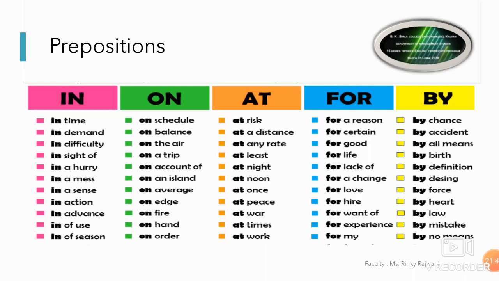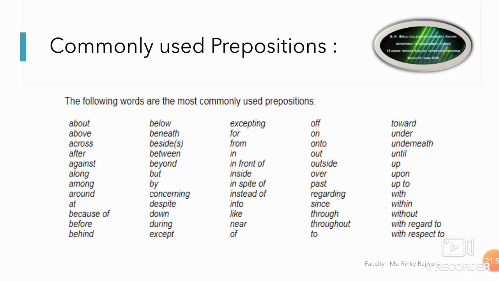There are many prepositions, not just a few. Some commonly used prepositions you can see in this slide. It starts from about, above, across, against, along, amongst. Then below, beneath, between, beyond.